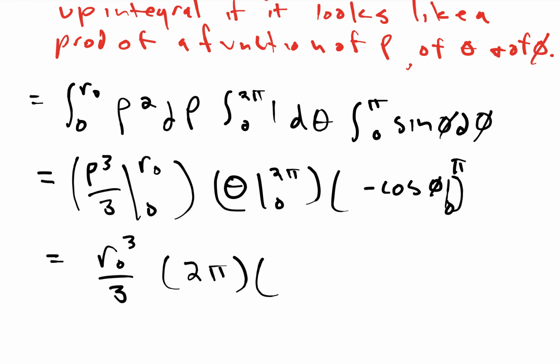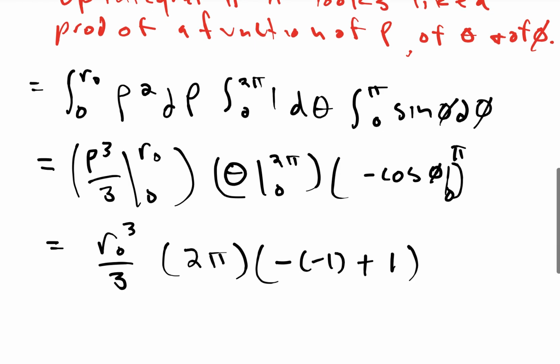Here I would have minus cosine of pi. Cosine of pi is -1, and then I would need to subtract a minus, well, that means add. We need to add cosine of 0. Cosine of 0 is 1.